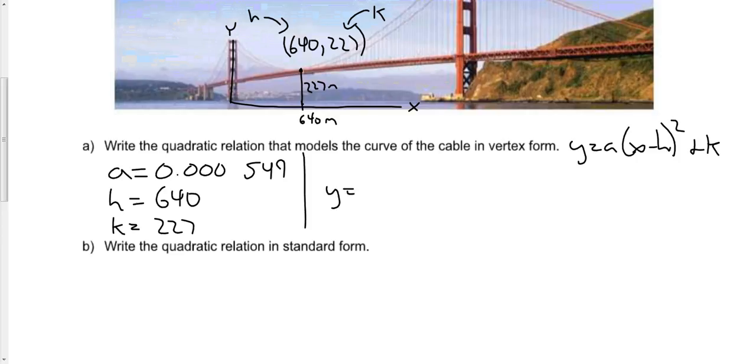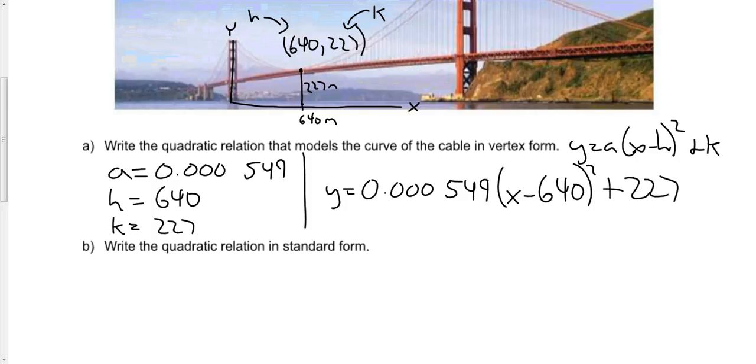y is equal to 0.000549 times x minus 640 all squared plus 227.